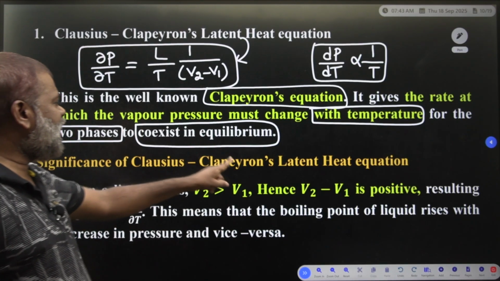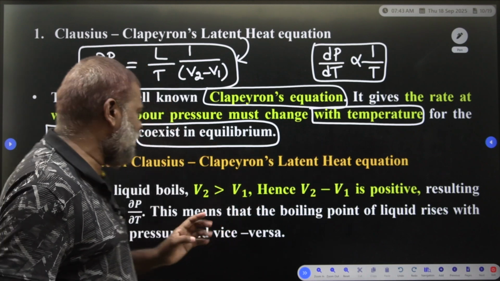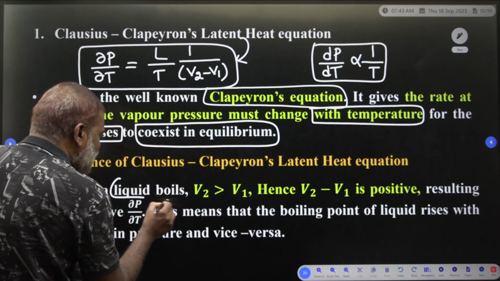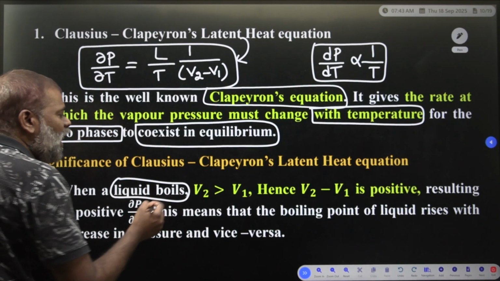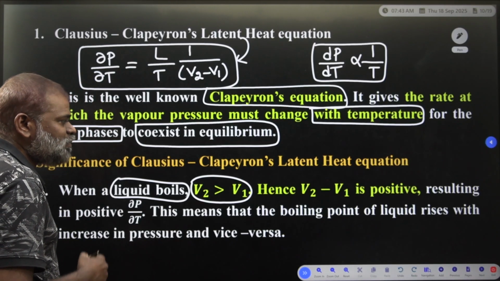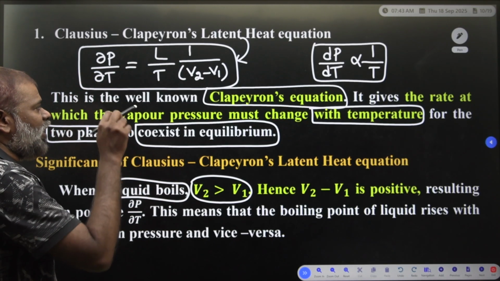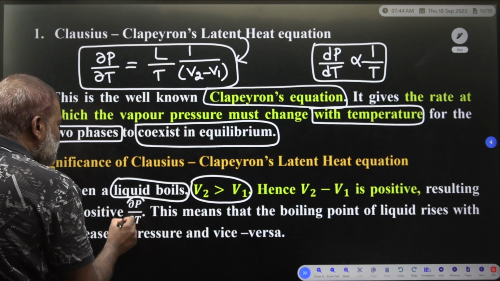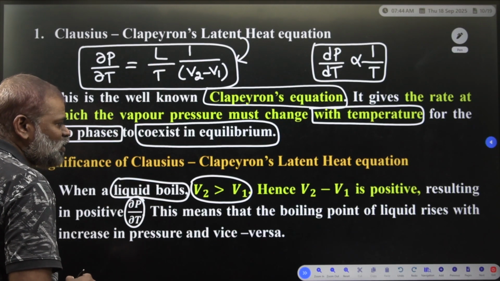What is the significance of the Clausius-Clapeyron equation? When a liquid boils, obviously V2 is greater than V1, hence V2 − V1 is positive. If it is positive, the rate of change of pressure is also positive.